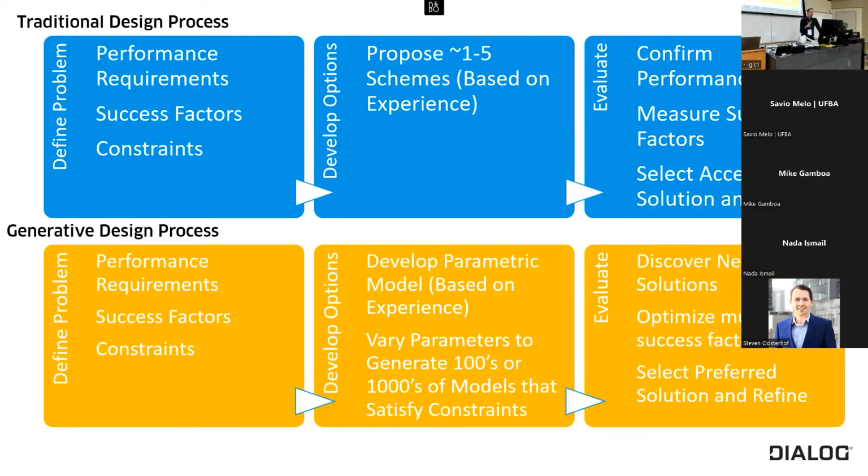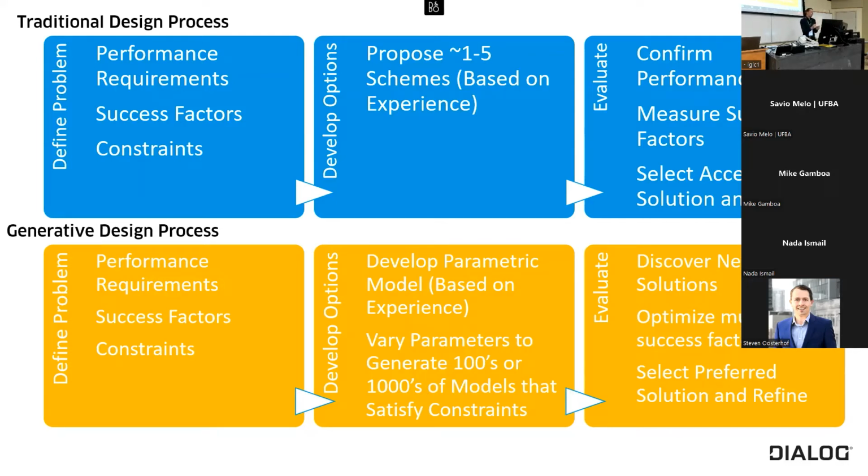And in doing that, because it's generative and you've defined those parameters and those targets, you generate hundreds or thousands of models because it's being done automatically. The last step is to evaluate that realm and start to narrow down what are useful solutions.